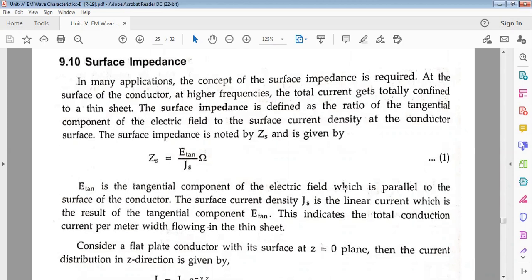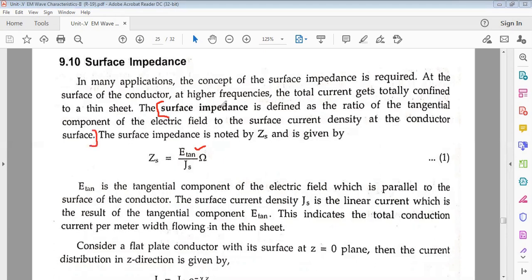The surface impedance is defined as the ratio of the tangential component of electric field E_tan to the surface current density Js at the conductor surface.